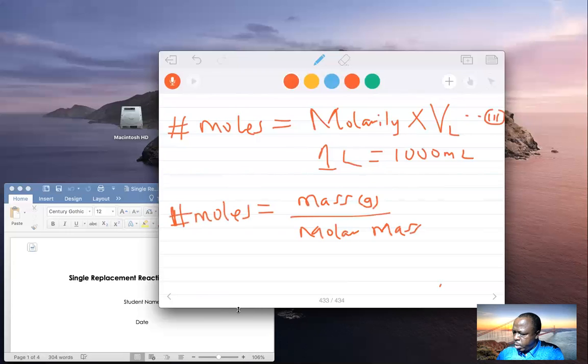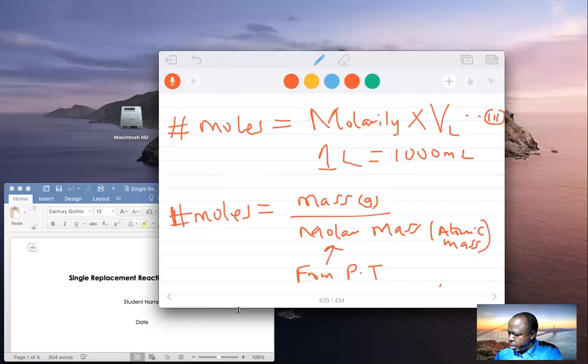You can get the denominator from the periodic table, PT for periodic table, periodic chart. It's the same thing. It could also be the atomic mass from the chart. You can just take the atomic mass from the periodic table to get the number of moles. So this is equation 4.